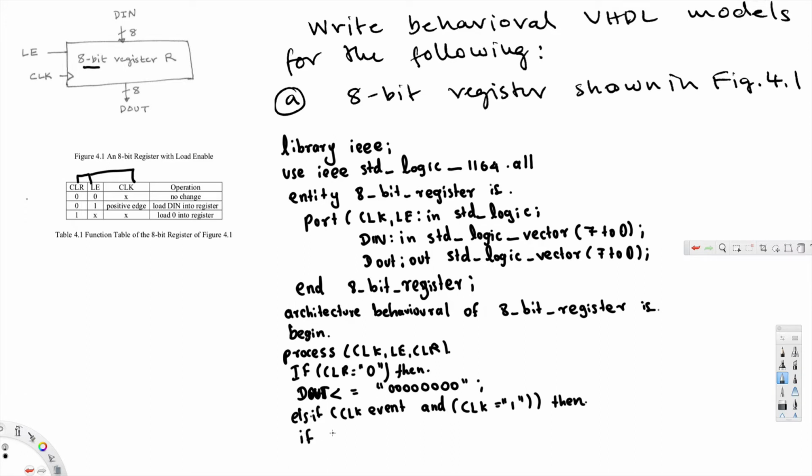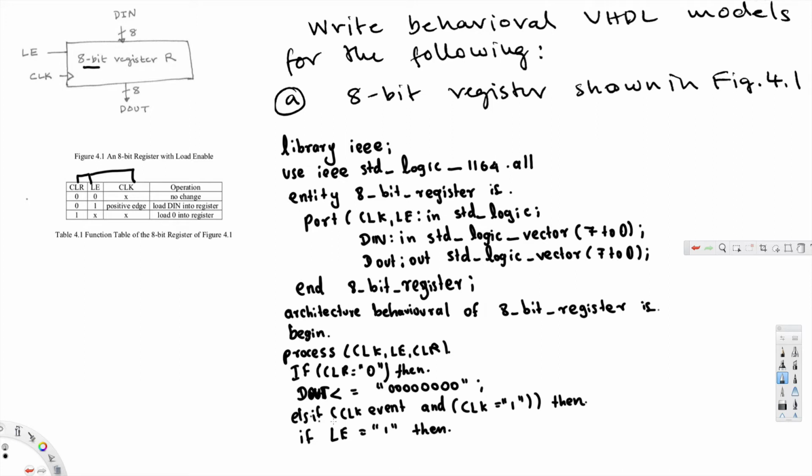If load enable is equal to 1, then here you can see clear is 0. First we use if the clear is 0, this is going to print out. Else if means clear is 1, so it's going to go to the next one.